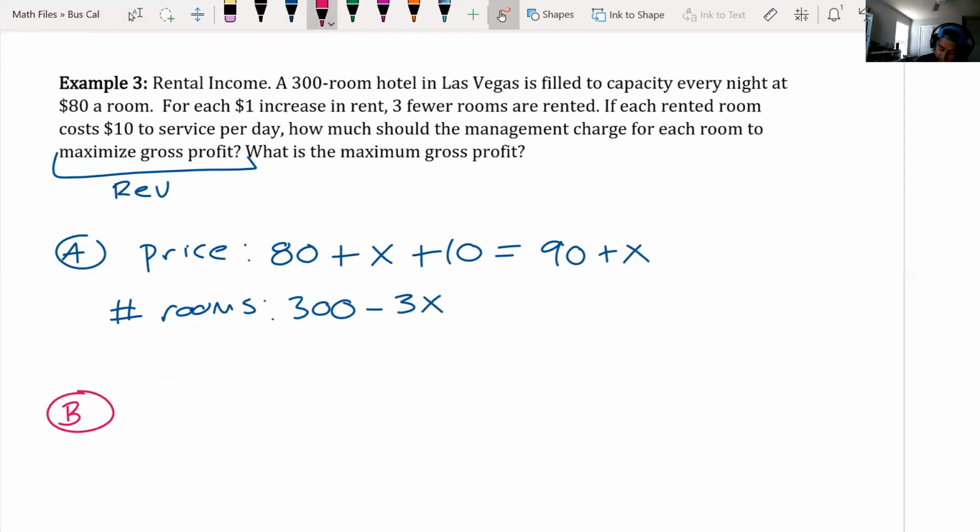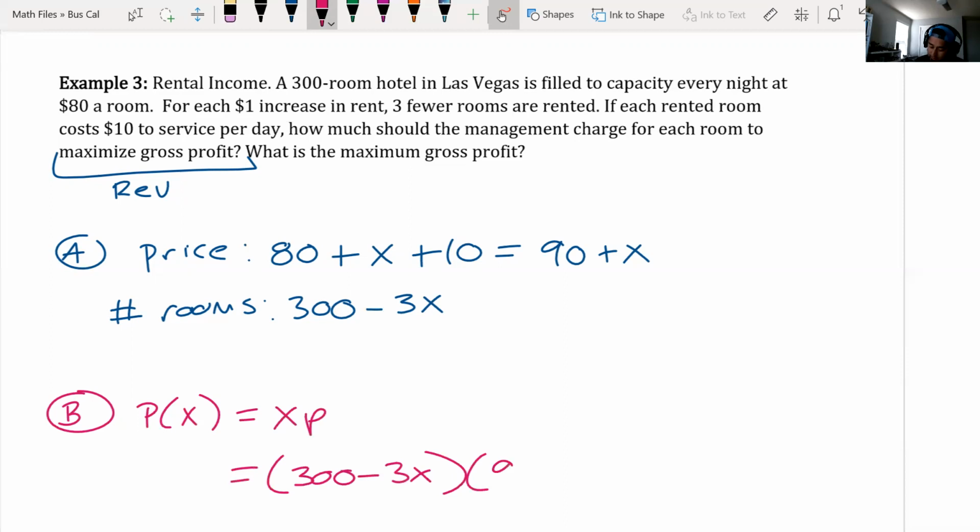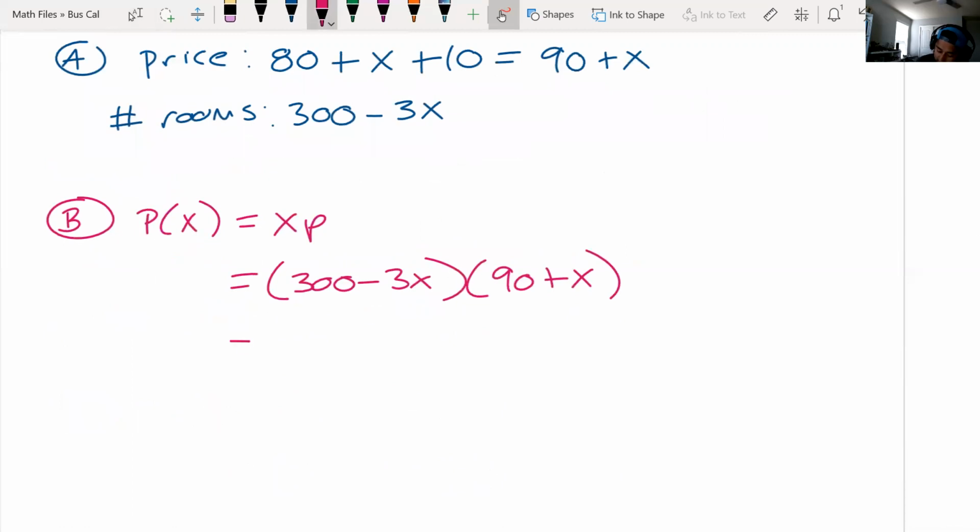All right, gross profit. We'll just call this P of X, but we know it's R of X. It's set up by X times P, which is the number of rooms, 300 minus 3X, and the price of 90 plus X. We're almost done with this problem, so we can keep going. 300 times 90 is 27,000, and then plus 300x minus 270x minus 3x squared.